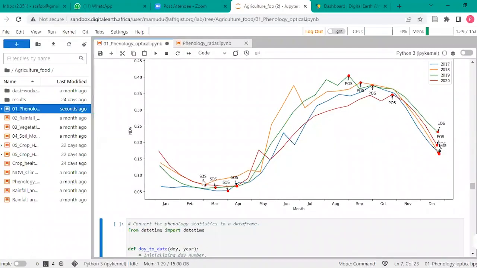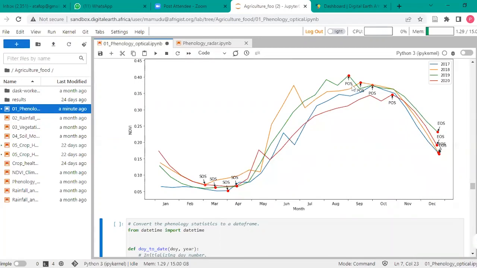And you can see the trend in agricultural or vegetation phenology in the area, showing when the season started, the values at the peak of the season, and end of the season. Now, we'll note that regardless of when the season started, and we noted that in 2020, we had the latest start of the season.